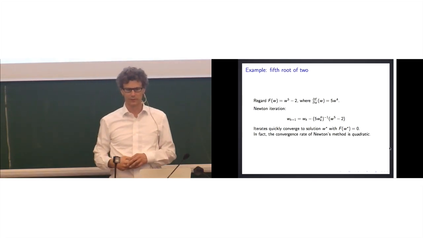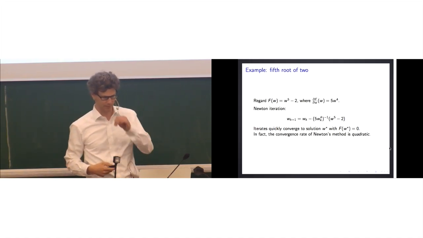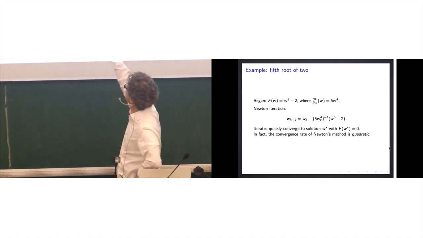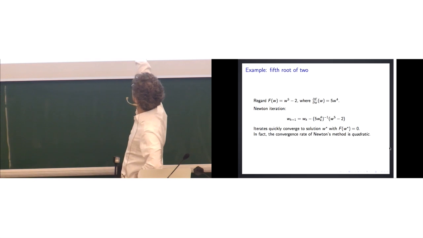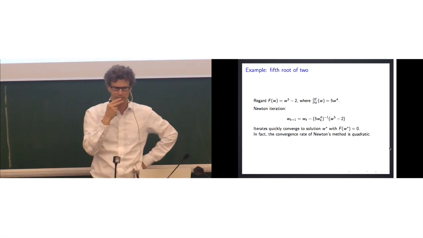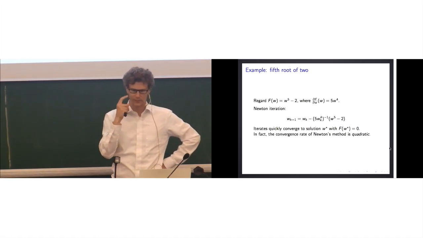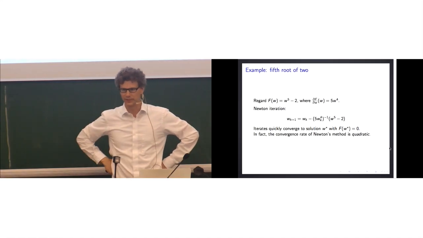For most values of w, this is even a positive number, so it's invertible, so that's nice. And then we formulate the Newton iteration, and we have here this inverse, here the residual, and we can go on. And if you start this, you can try that. Very quickly you will converge to the solution, w star, which is making f zero.